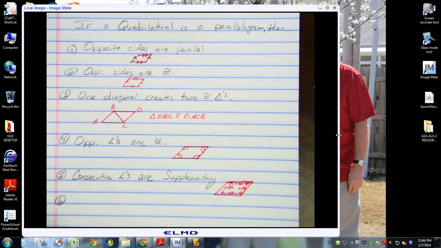Is there anything else to do with the diagonals?